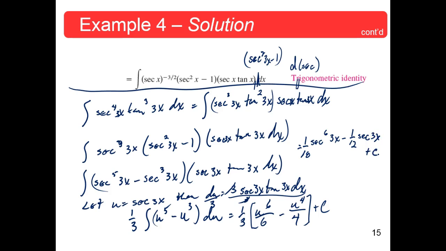Okay, I think I got that right. Oh no! Whoa. Secant to the fourth 3x. Remember the 3x, I forgot my exponent. Okay, believe that's right. All right, let's see how they did in the book. Oh my goodness. Did we get it all wrong?